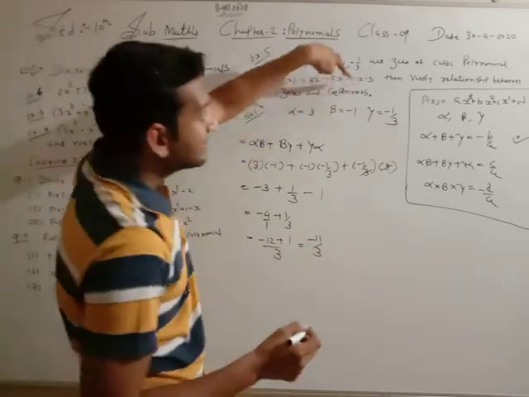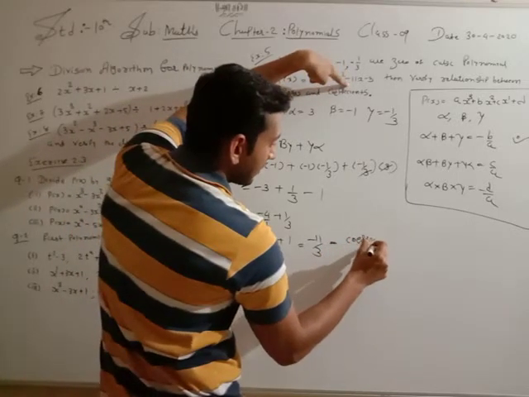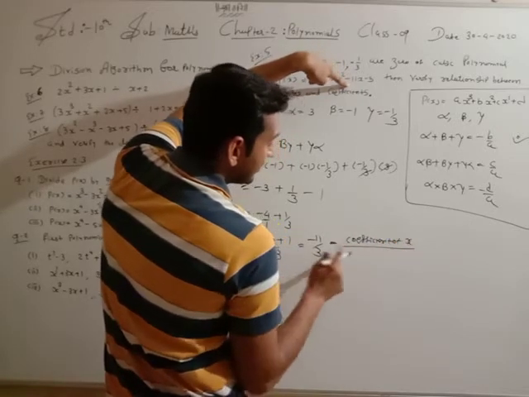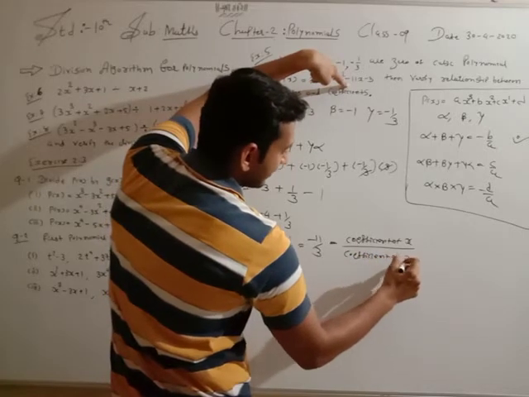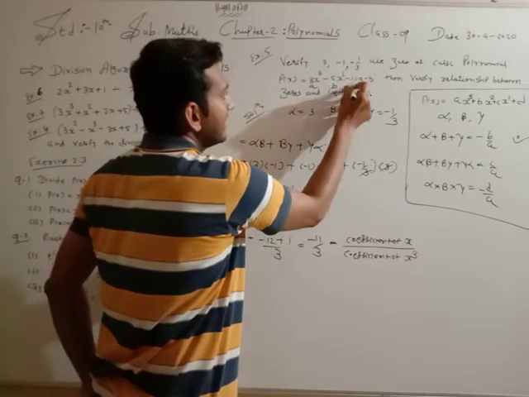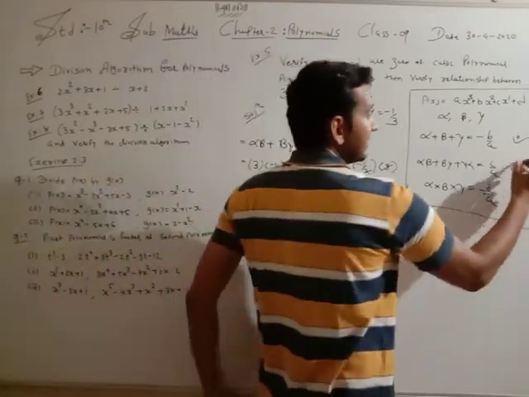What is minus 11? It is the coefficient of x. What is 3? The coefficient of x cube. See, c by a, among b, c and d. So my answer is c by a. So the second is okay.